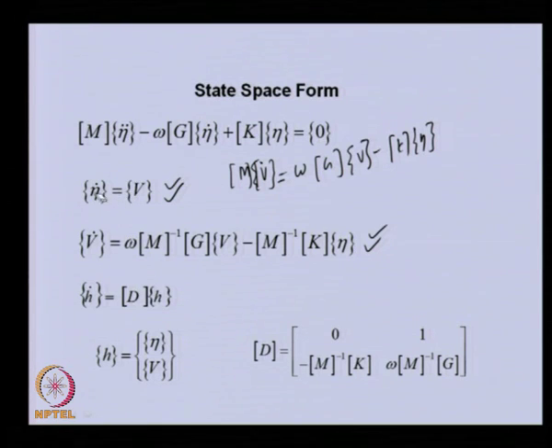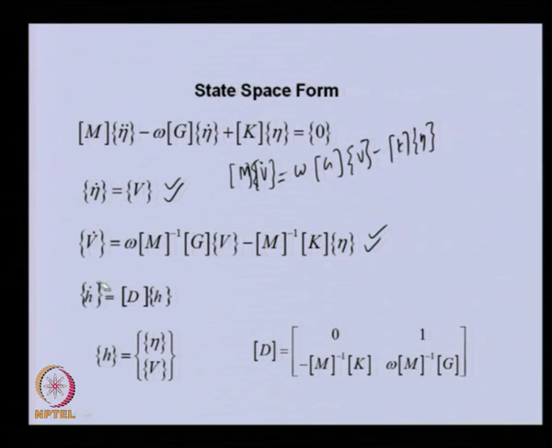Now, you can see this equation and this equation, they are single derivative terms, but the number of equations will get doubled because earlier whatever the size of eta was there, now we have this also, eta dot. So, the number of equations got doubled here. These two equations we can club like this.